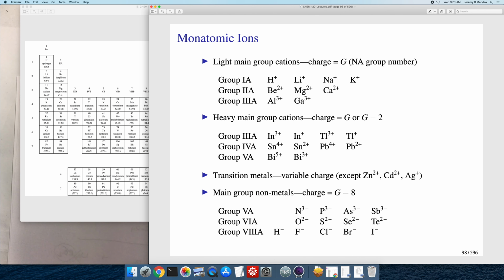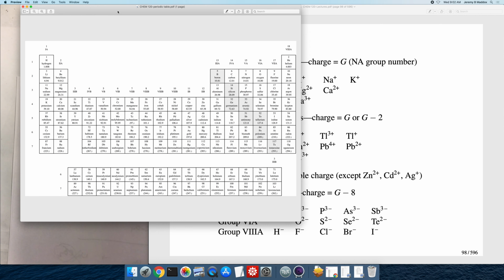Turning to the nonmetals, there are also some trends that you see in the ions that they form, the anions. So the halogens always form a -1 cation, or sorry, a -1 anion. The oxygen family, the nonmetals, form a -2 anion.